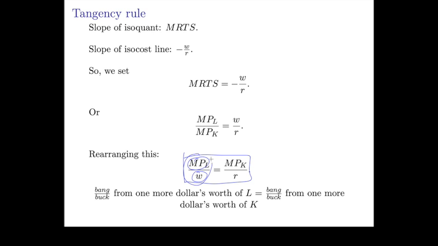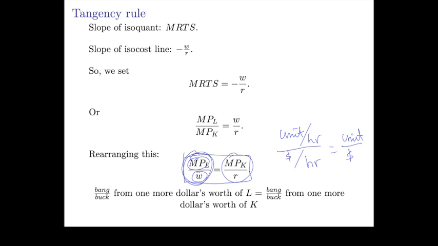So let's look at labor. The marginal product is extra units per hour of labor. Wage rate is dollars per hour of labor. So what's on the left here is the units you get per extra dollar spent on labor.